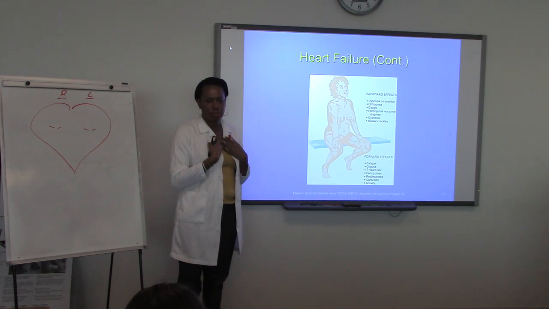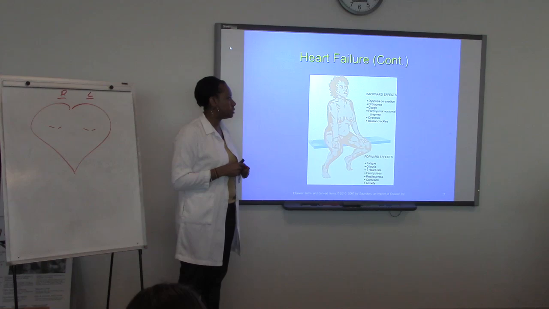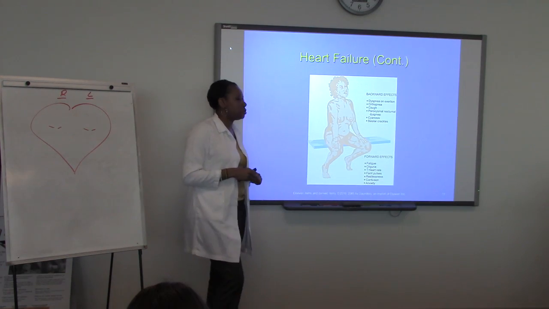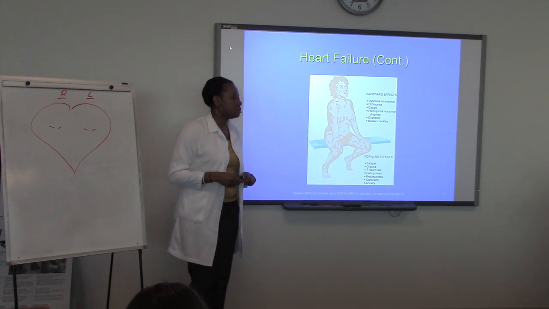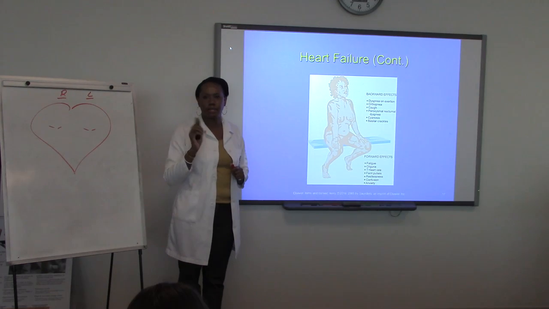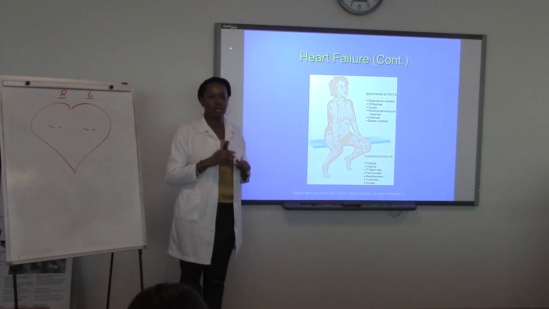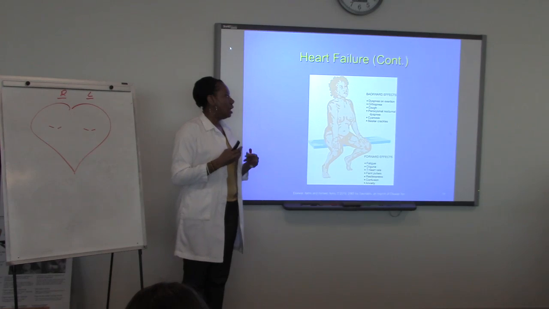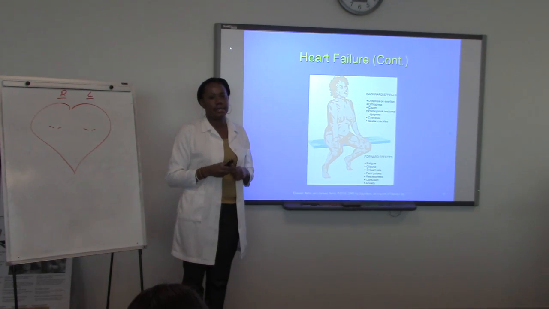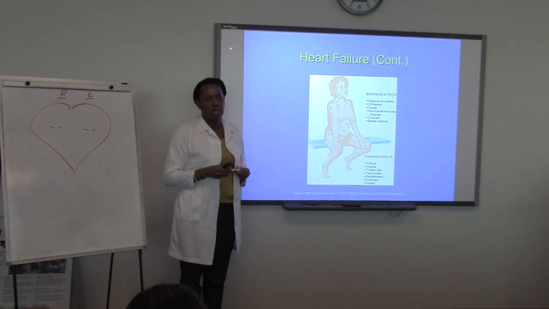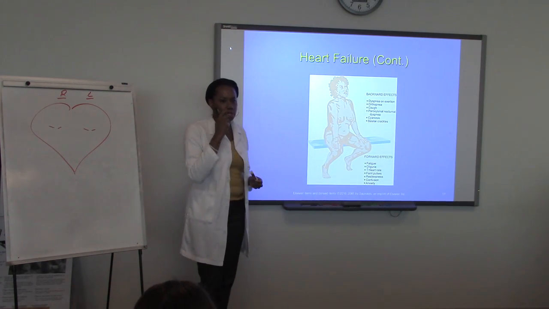Cough, from the lungs. Paroxysmal nocturnal dyspnea. Paroxysmal is another term for intermittent, nocturnal is at night, and dyspnea is difficulty in breathing, so they will have difficulty breathing at night.